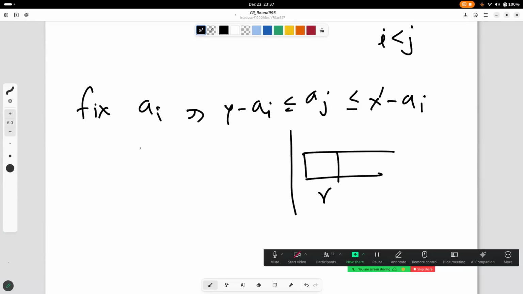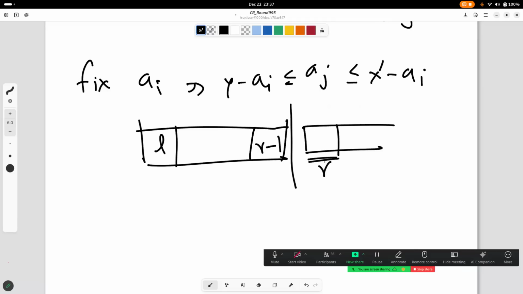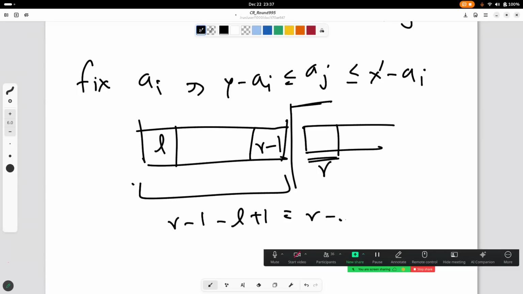So the valid set of all j values would start from l and last up to r minus 1. And r would be the first element where this condition is not satisfied. So you would have r minus 1 minus l plus 1, that is r minus l elements where this condition is satisfied.